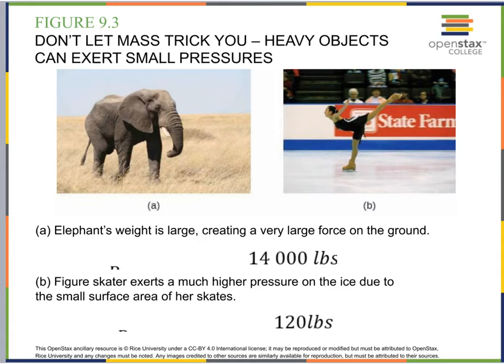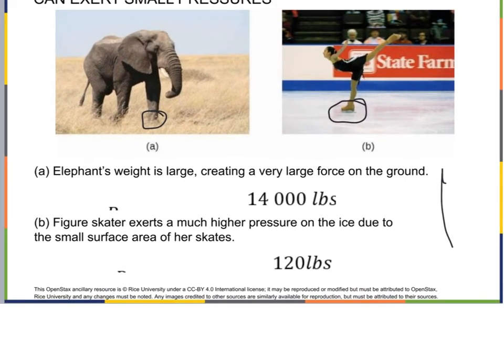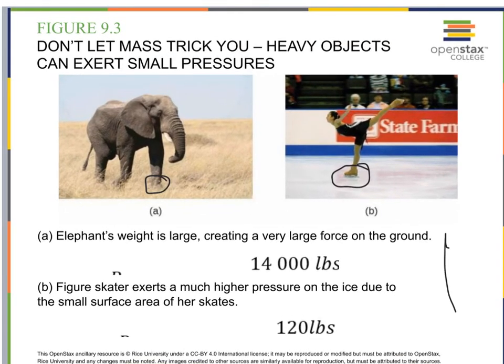Because of the size of the blade, you exert much more pressure on the surface of the ice than the elephant's foot, because the foot is much larger, and that area allows the force to be spread out a little bit more, and so not as much pressure from the elephant's foot. Okay, I can't quite get to the bottom part of that slide.